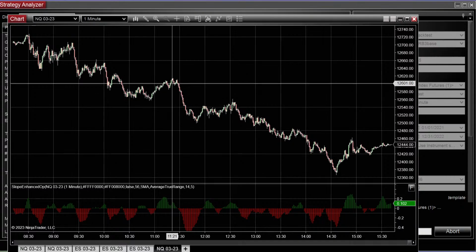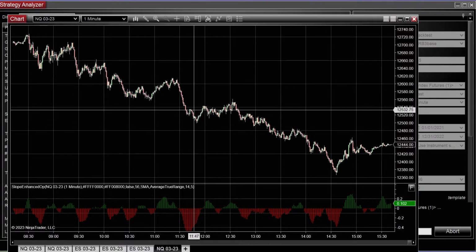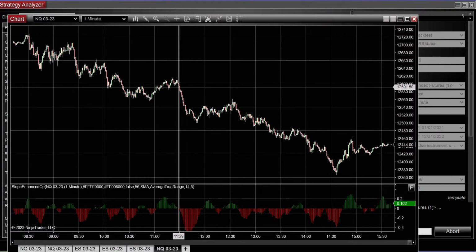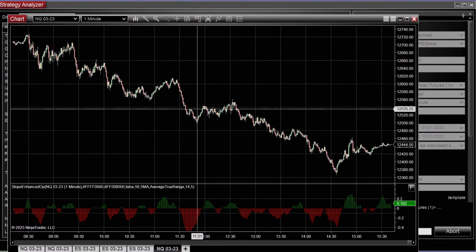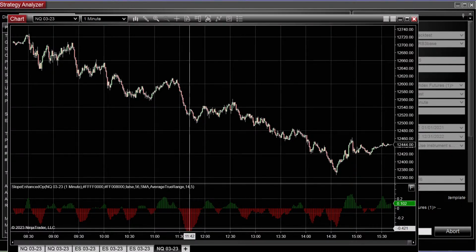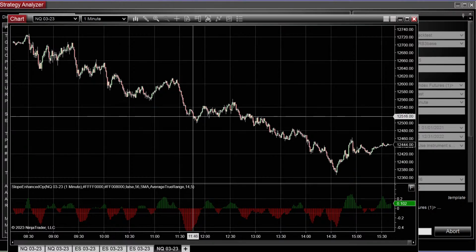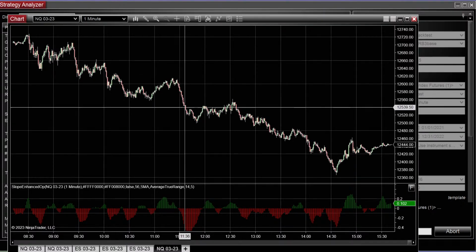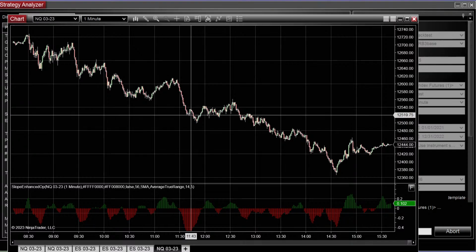So, the slope indicator is pretty cool. It's another way of measuring market efficiency, because the slope is only going to be this dramatic when the previous move was very efficient. And you can see here, it's a very efficient move.